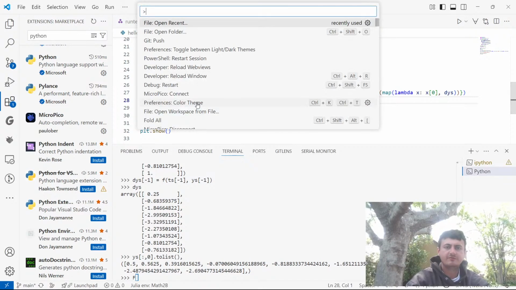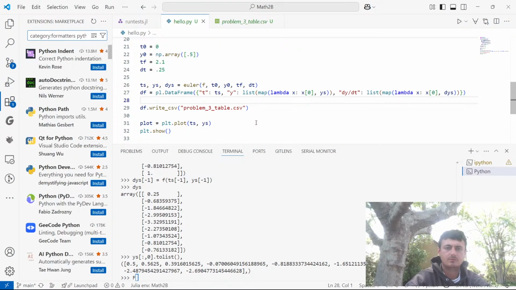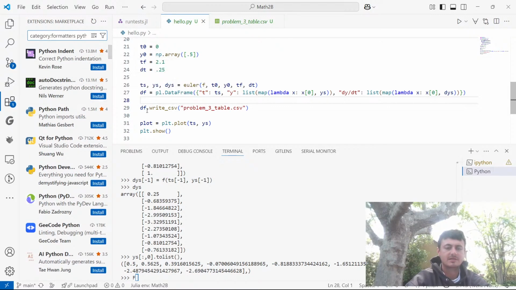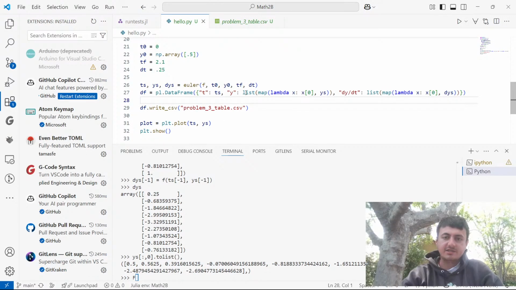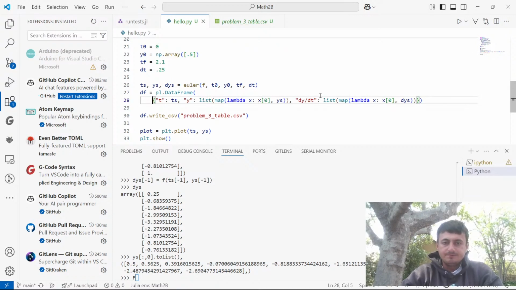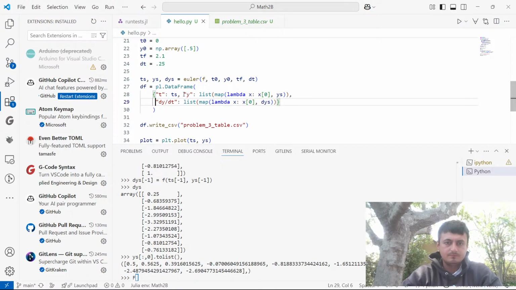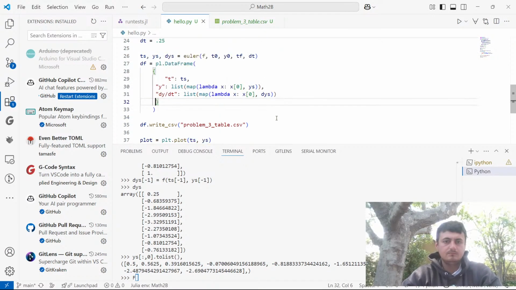Wait, what if I just do this? Format document. That's lunacy. That's actually insane. That's really what the default Python behavior is. It's the most popular programming language in the world, and that's actually how it does it. Jeez Louise, bro. Totally insane.